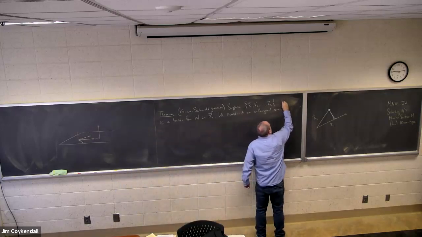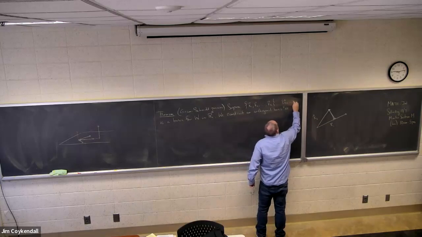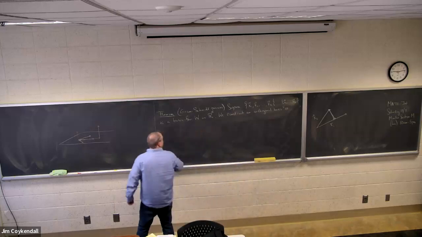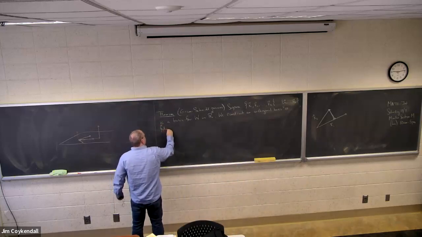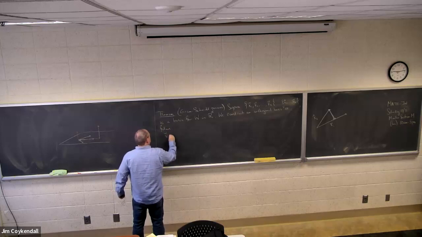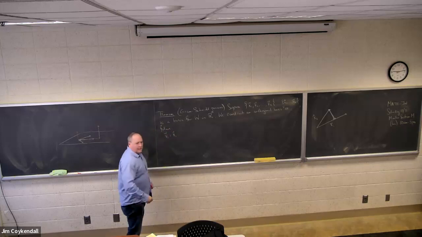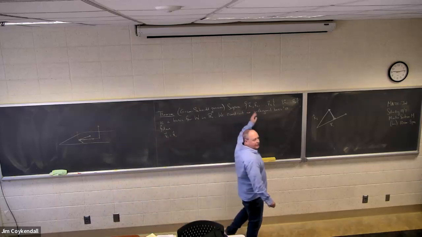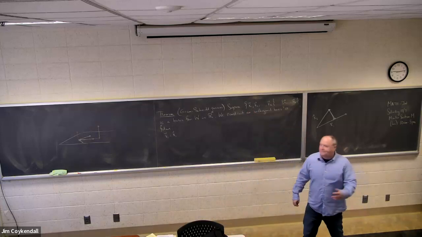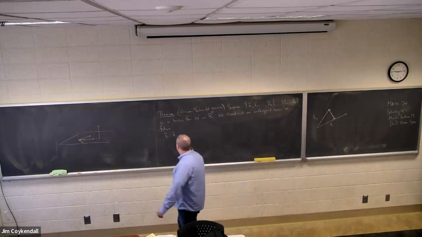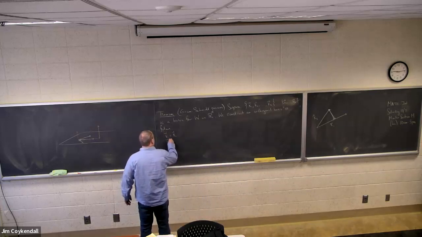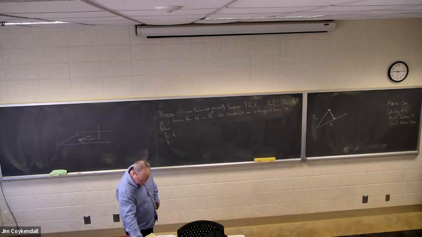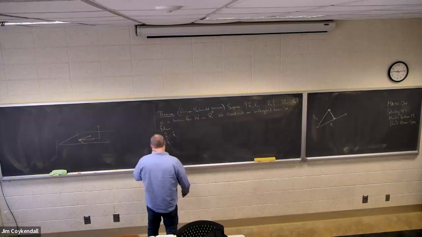We take a basis V1 up to Vk. We construct an orthogonal basis as follows. Just take V1 to be the first one, right? Since it's a basis, I know that that's not the zero vector. Okay, that was easy enough. Take V2 to be, just take X2 and subtract its projection on V1.